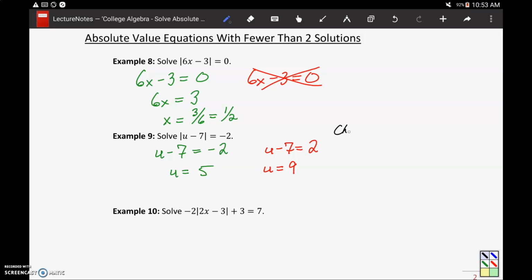If we go back and try to check these solutions though, by first plugging in u is equal to 5, we would get the absolute value of negative 2 is equal to negative 2, which is not true, which tells us that u equals 5 is not a solution.